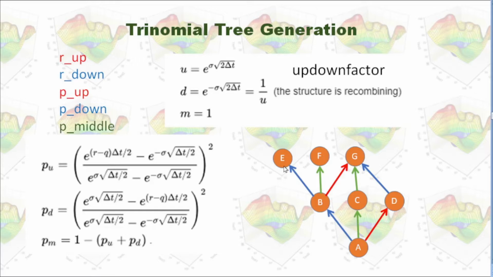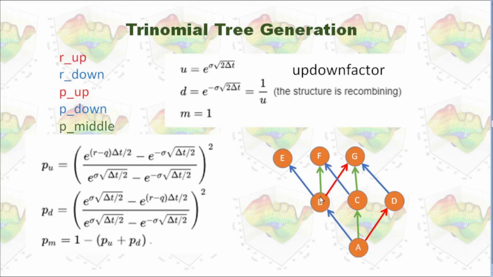So for E, this is easy because there's only one way you can get there. This is at the left side of the tree. So you have 100% probability to get E from B, and the rate will go down. So you just consider this R down. That's it. But for F, there are two ways you can get there.